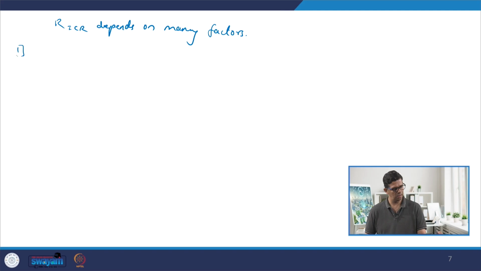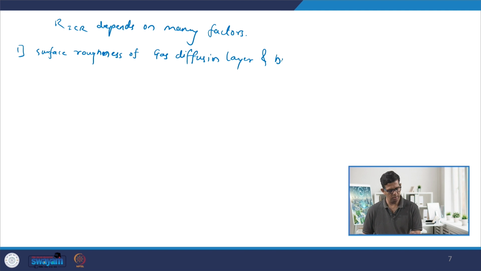First is the surface roughness of the gas diffusion layer and bipolar plate, or the monopolar plate in case of a single cell.